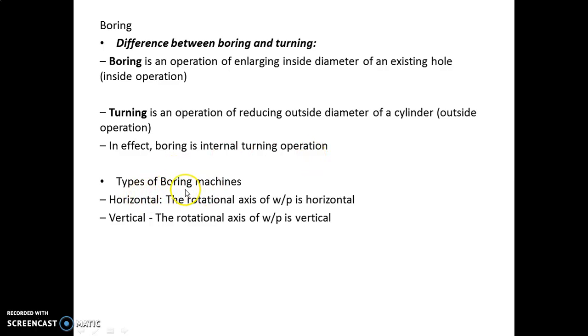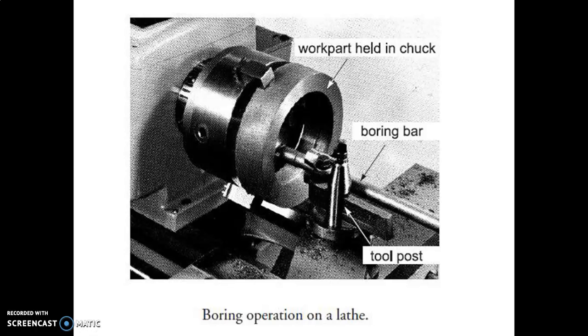There are types of boring machines like the horizontal boring machine and the vertical boring machine. In the horizontal machine, the rotational axis of the workpiece is horizontal, and in the vertical boring machine it is vertical. This picture shows the chuck revolving and holding the workpiece to be cut internally.